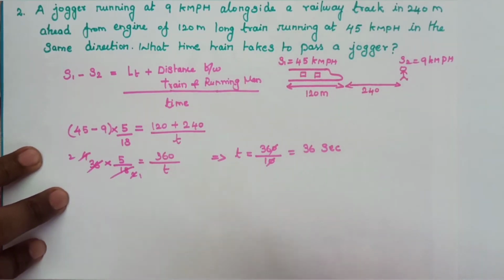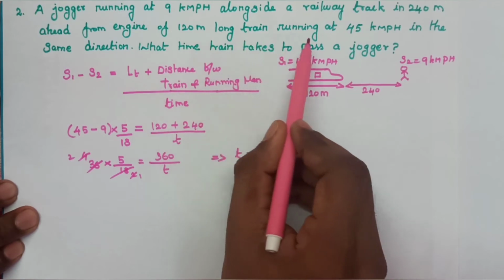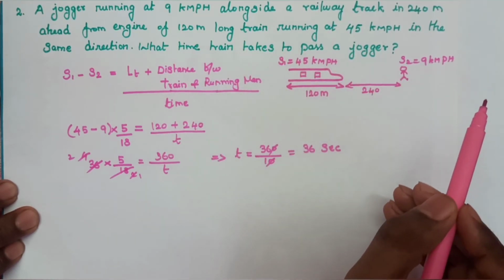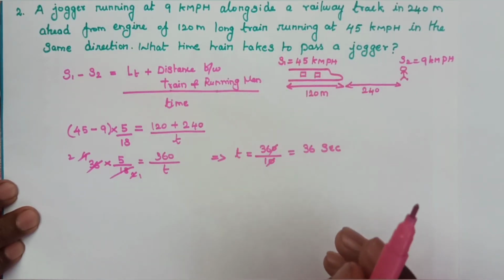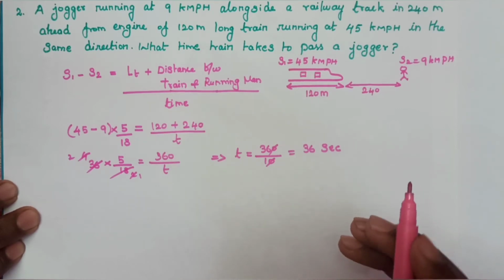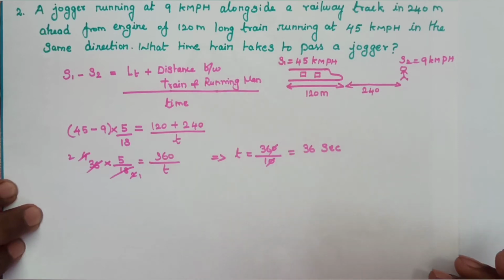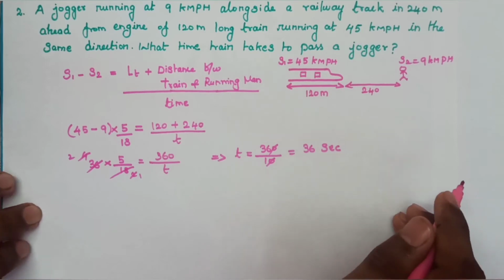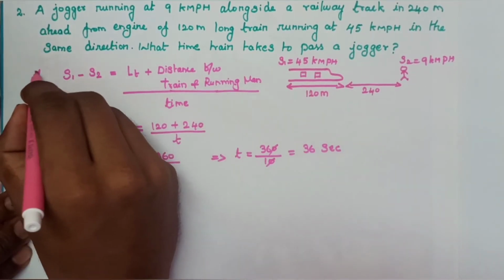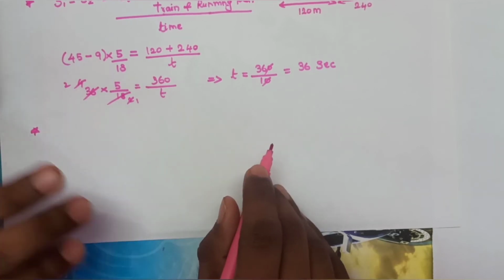Okay. In some questions, they would have asked like a 120 meter long train running at 45 km per hour, a man standing 240 meter ahead from the engine, then what time the train would have taken to cross the standing man? Here the standing man, right? This kind of questions, what will you do to find the answer? So just let me repeat the question one more time.